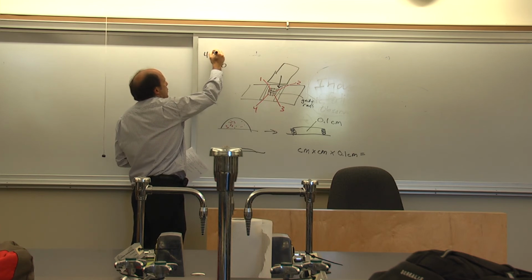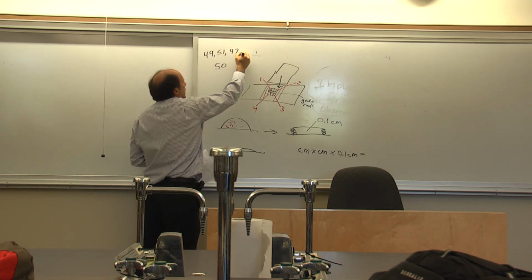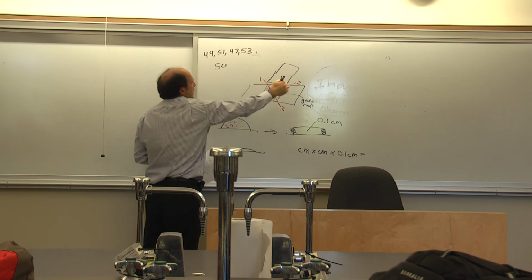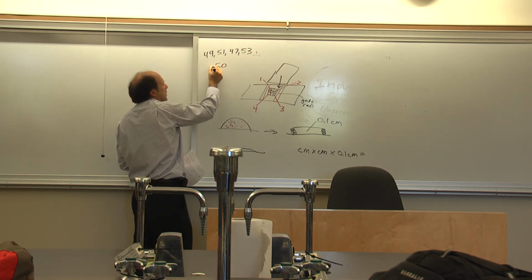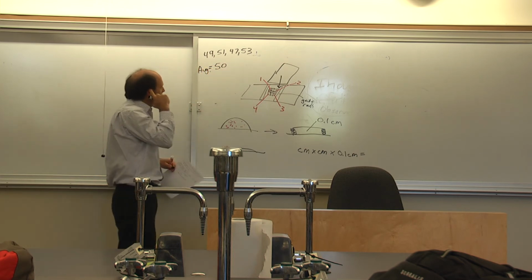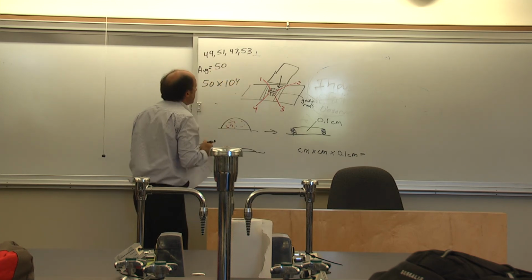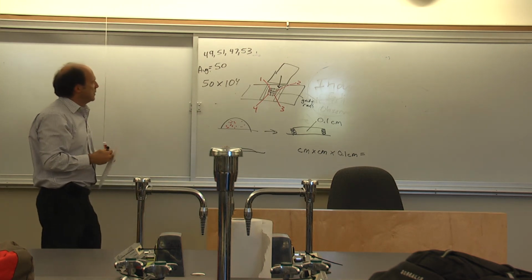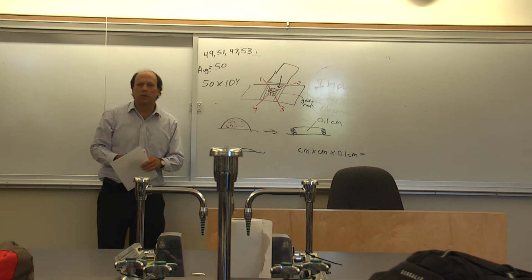I mean, we averaged 49 and 51 and 47 and 53. Those were the counts you got from all these, and you add them up together and divide by 4, and you get 50 for the average. Well, this number times 10 to the 4th is going to be the cells per mil.